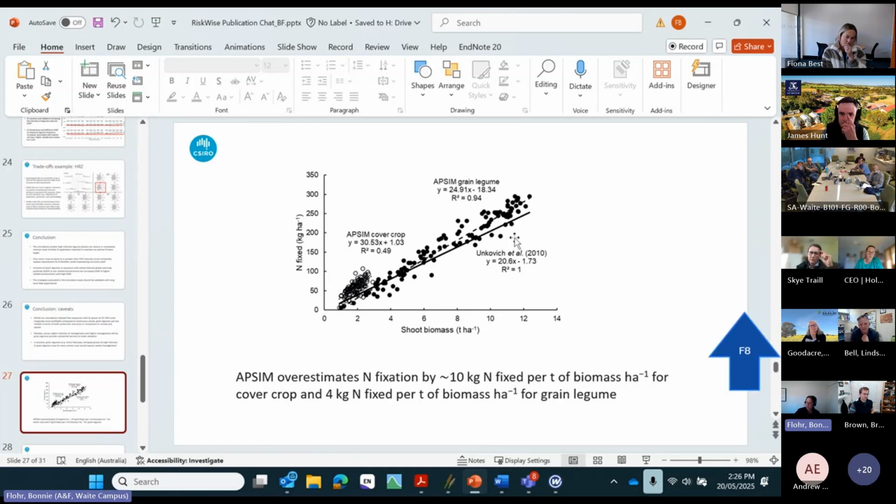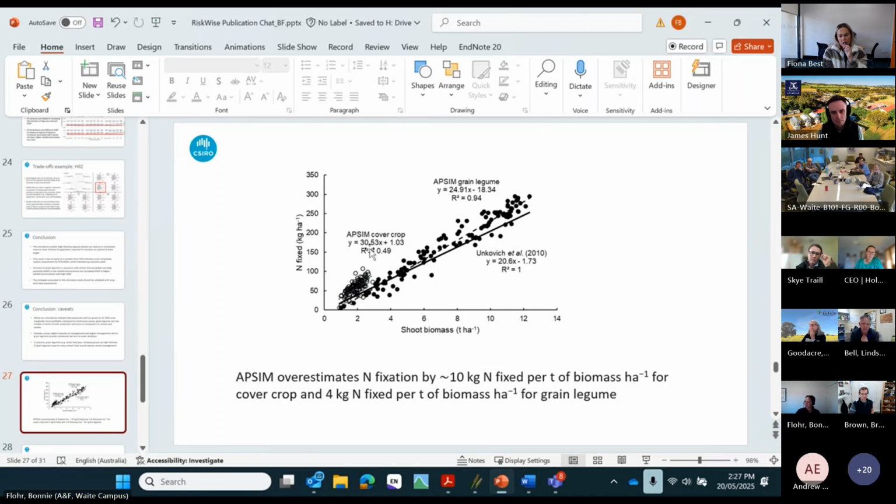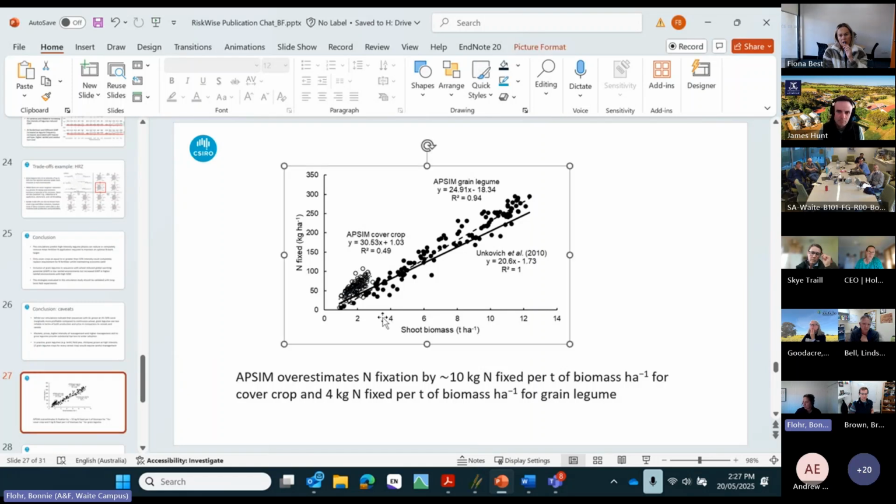And so we did look at this. The numbers were within the range of published studies. So we did come up with this validation using published field data.